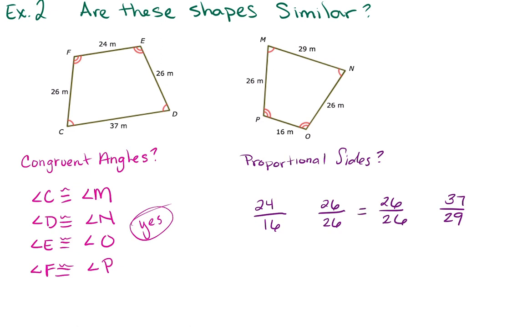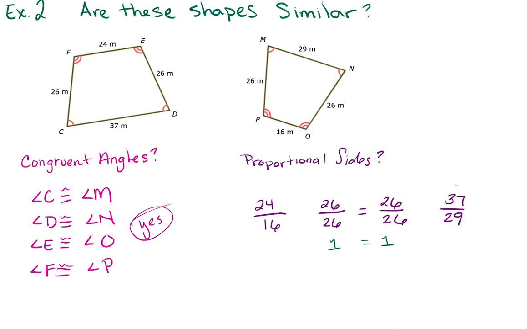Now, looking at this, I have two identical sides already. I have the 26 equals to 26. I have to be able to show that all of these are in fact similar. However, looking at this, I know that 26 over 26 is the equivalent of 1.